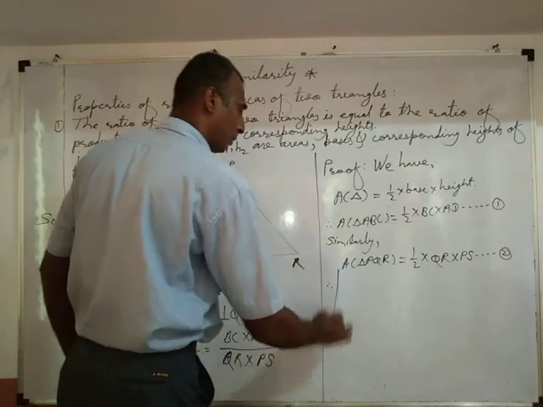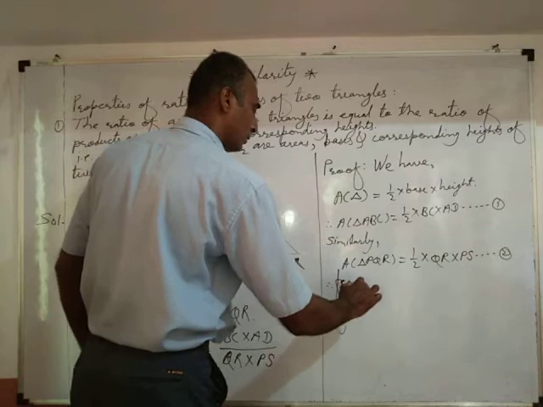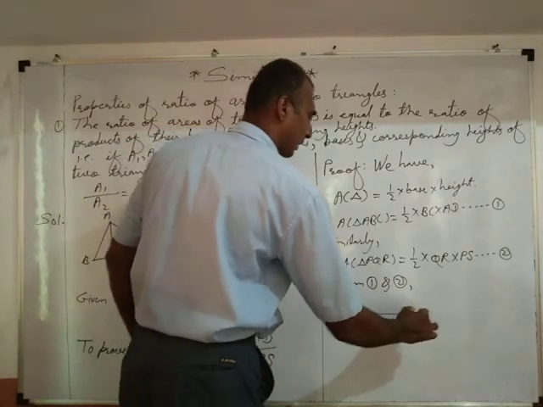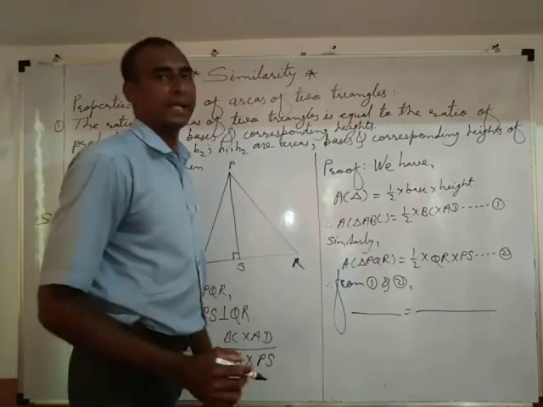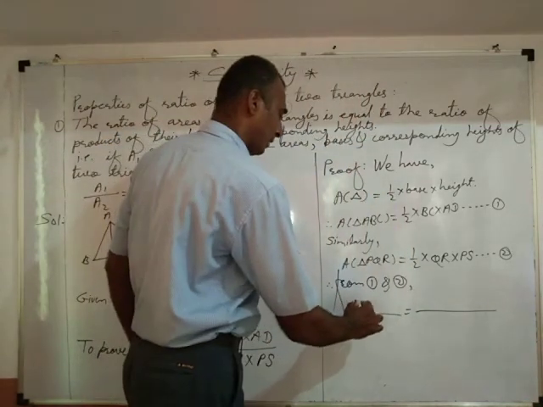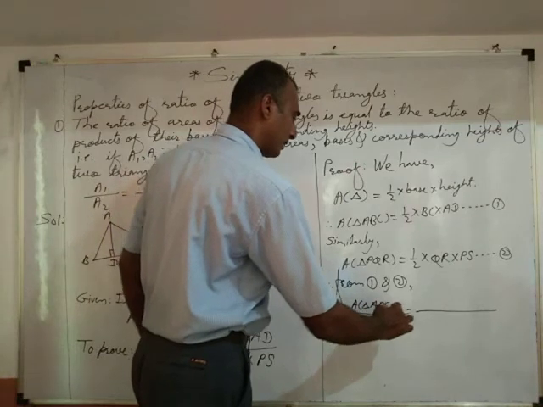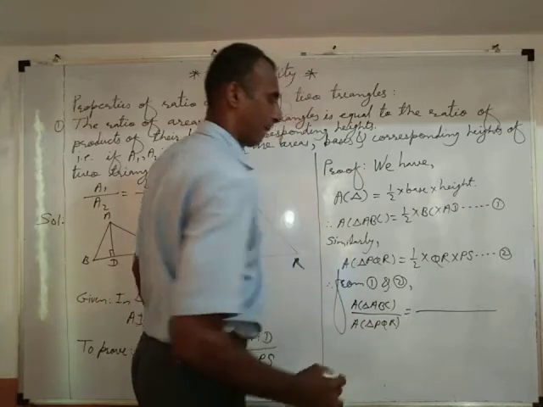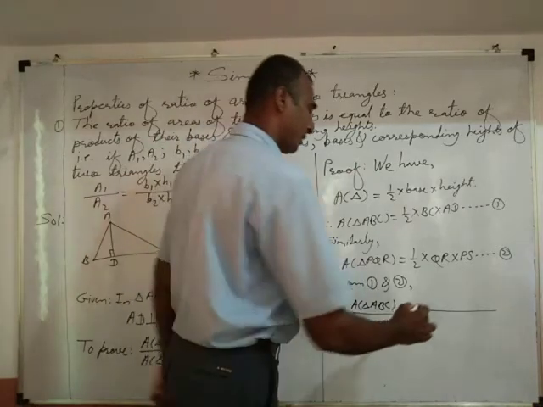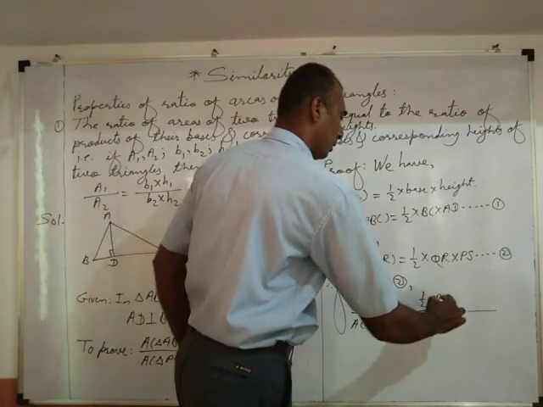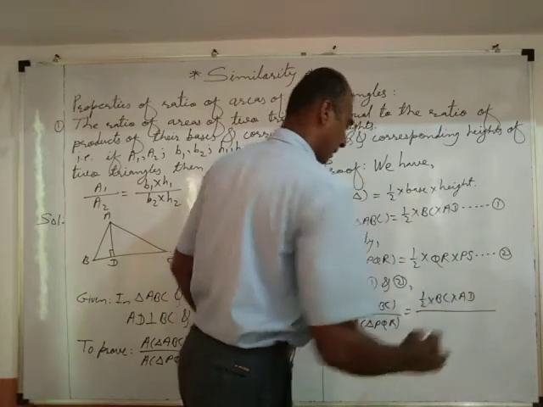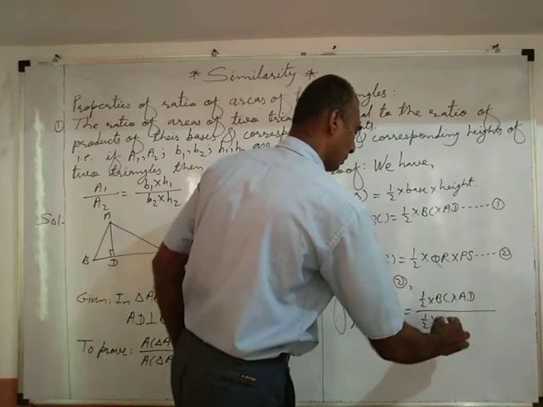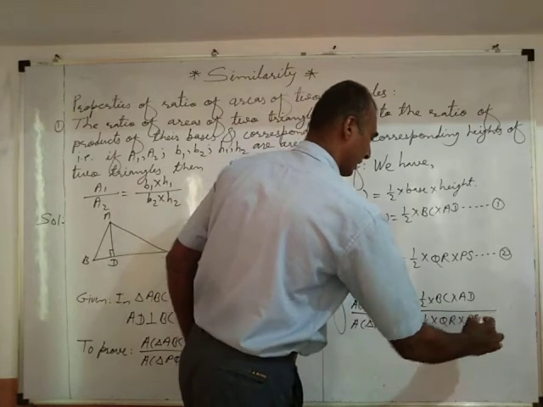And therefore, from 1 and 2, let's obtain a ratio of areas of these two triangles. Area of triangle ABC upon area of triangle PQR is half into BC into AD upon half into QR into PS.